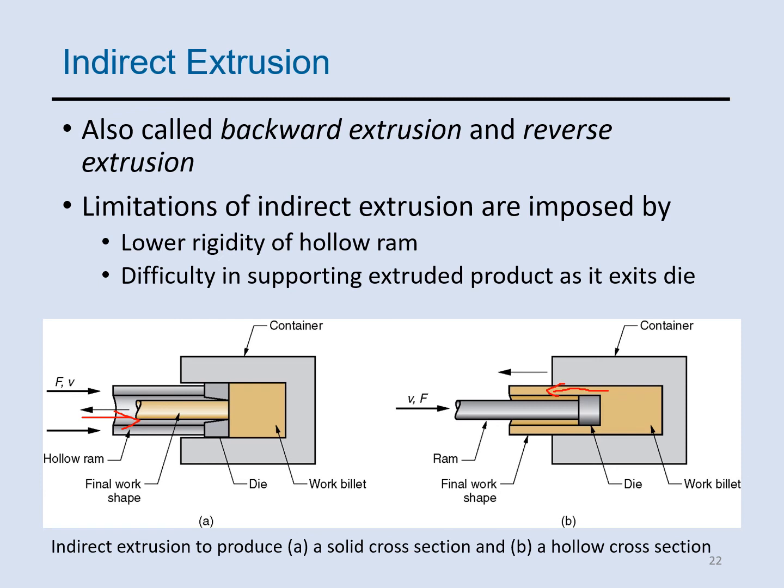The direction is opposite, as you see, it's not the same. Because the direction is opposite, it's called reverse extrusion. There are some limitations. Two of them are that indirect extrusion is limited by the lower rigidity of the hollow ram, and it is difficult to support the extruded part when it exits the die.